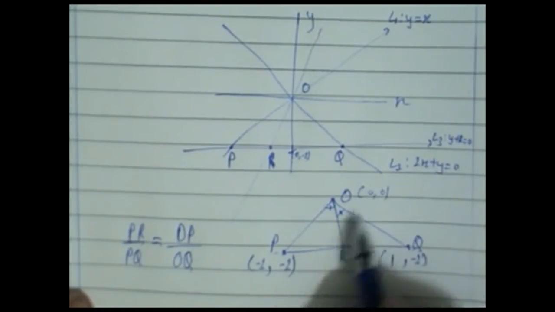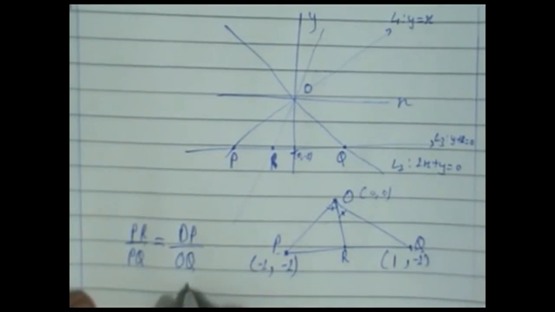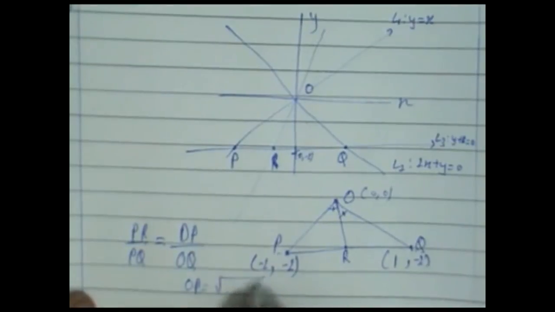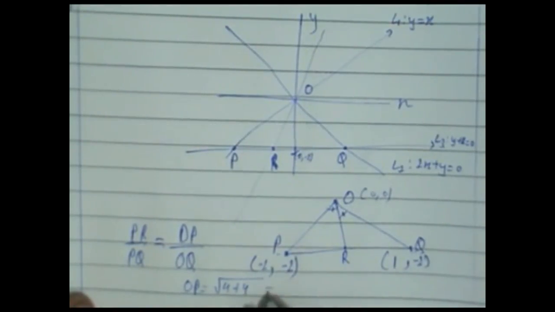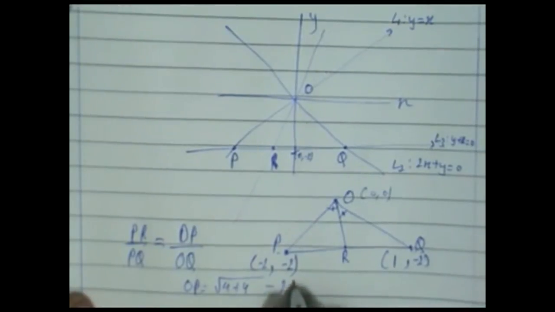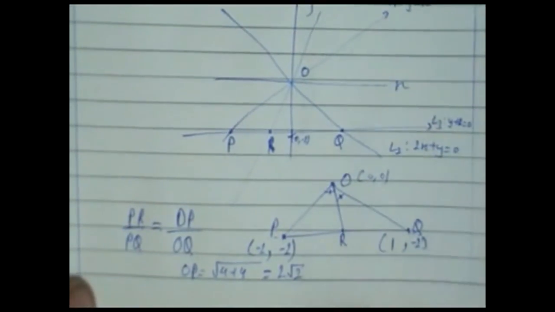So using distance formula, we have OP will be square root of (-2 minus 0) square plus (-2 minus 0) square. So OP will be equal to square root of 4 plus 4, that is square root of 4 into 2, that is 2 square root of 2.